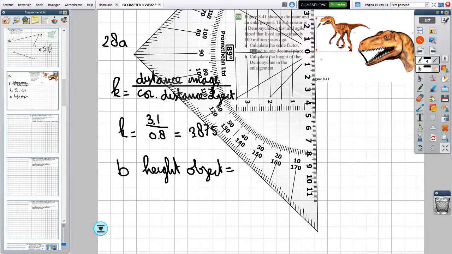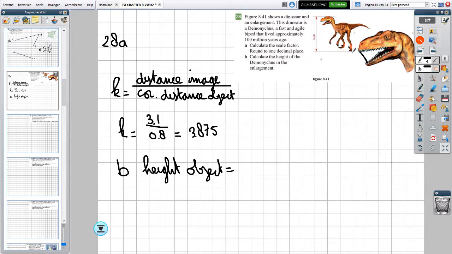If I'm correct, let's see if that is the same as in my book. See, in my book I'm a bit, oh no, it's the same, around 2.8. So the height of my object, so I did resize this pretty well, if I say so myself. It's going to be 2.8 centimeters.